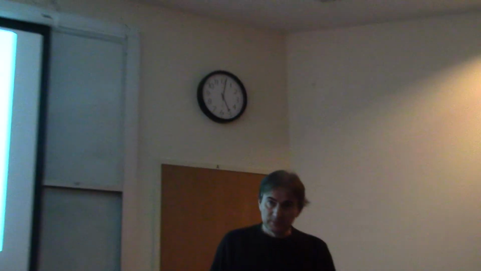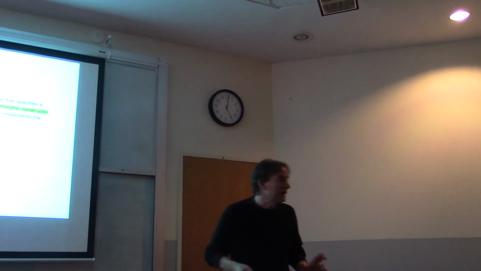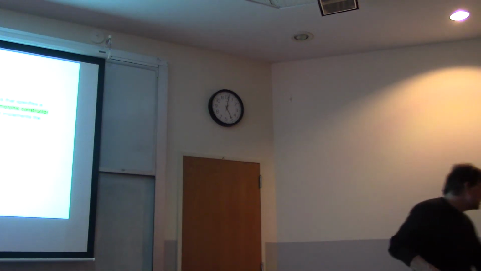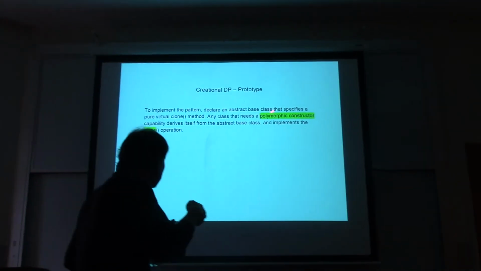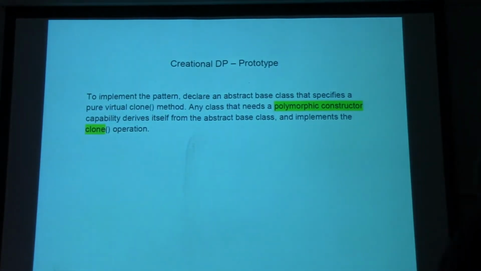At least one abstract method, which means what kind of method? Pure virtual method, right? So we're going to have an abstract base class specify a pure virtual clone method.